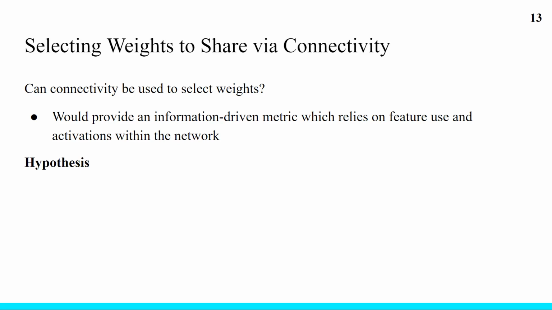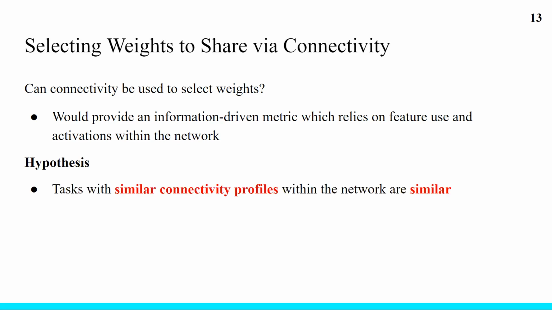The underlying hypothesis behind why this might be feasible is that if you are training on a current task, say task 3, and you're deciding which past frozen weights to share or reuse, and you find that the connectivity of the frozen weights of, say, task 1 is highly similar to what it is for task 3, so the same weights behave similarly for the data of task 3, then you would expect that the tasks themselves are similar because they evoke similar behavior of the network, or that subnetwork, I should say.